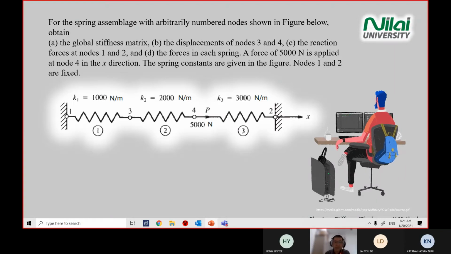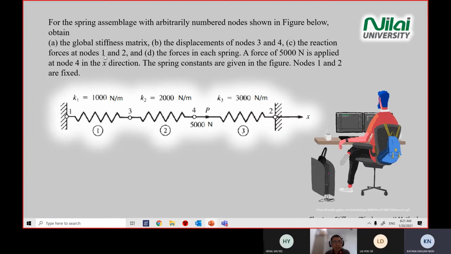Number 3, C. I'm going to ask Katana. If you look at the instruction in section C, it requests the reaction force. What symbol will we use? It asks for the reaction force at nodes 1 and 2. Are we using capital F or small f?